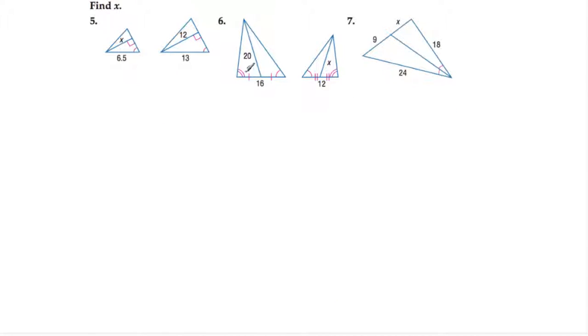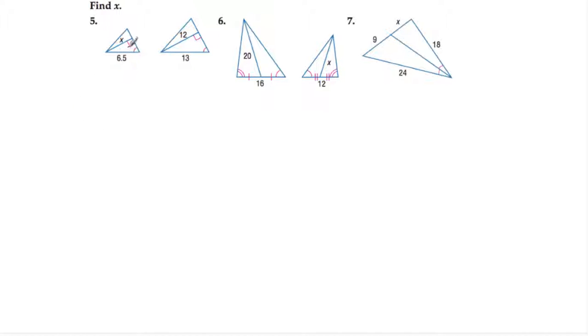Now again, other parts are also proportional. So here in this question number 5, we can see that we're given two sides, we need to find x. X is this altitude. We can remember that an altitude is a line segment that goes from a vertex of a triangle to the opposite side and intersects at 90 degrees.